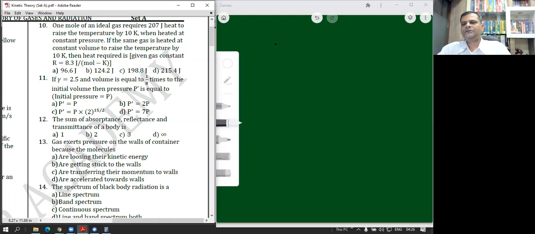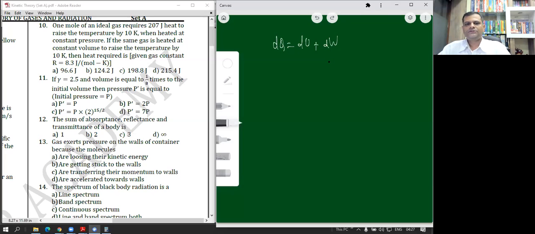We know that dQ is always equal to dU plus dW, correct? This is the first law of thermodynamics we have already studied. So using that, we'll see what the formula of dQ is. It is nCpdT, dU is nCvdT, and dW is nRdT, correct?